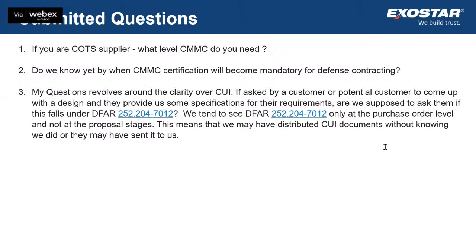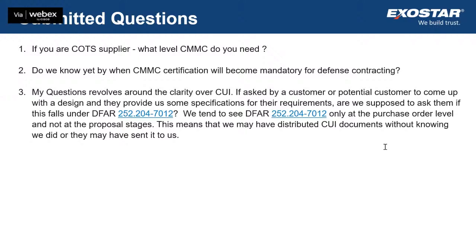So what tells you if you need to be CMMC certified is the contracts that you sign. If the contracts that you sign have those DFARS clauses that reference CMMC, then it'll tell you what level of CMMC you need to be certified at if you want to be a part of that contract.